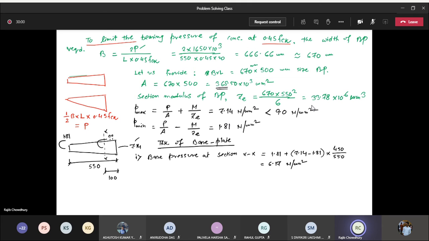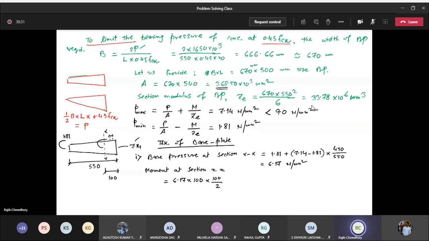So now moment at section XX. So how much would be the moment at section XX? Careful about this one. 6.17 times 100, this is the projection, 100 by 2.